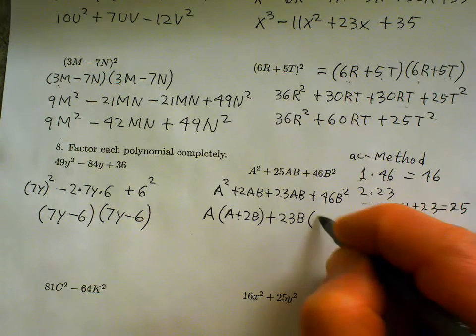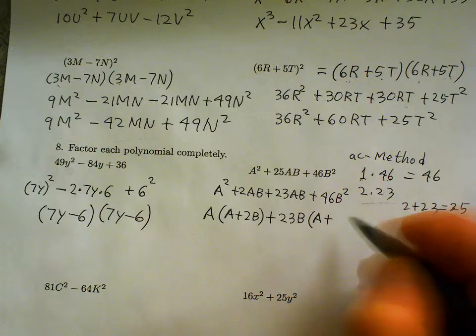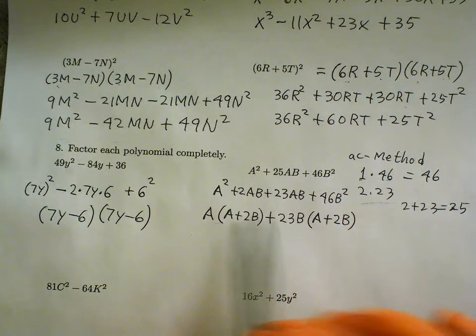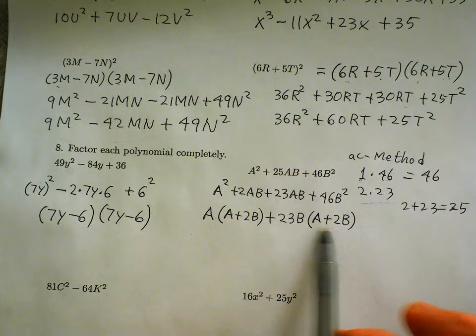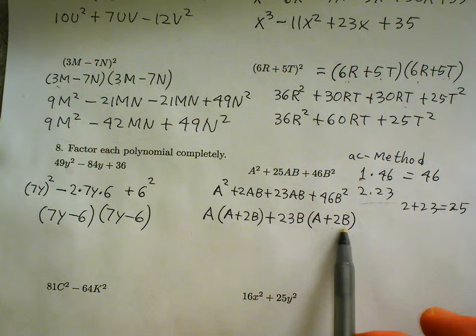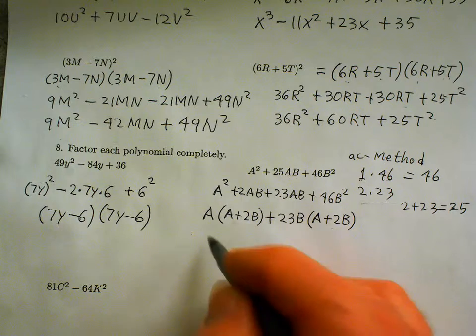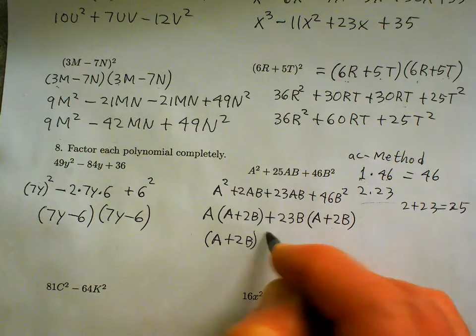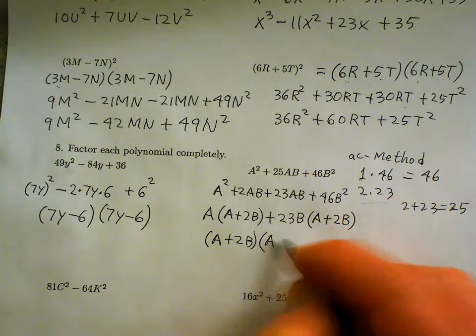And the binomial is a plus 2b. At any stage, you can check by multiplying that you're factoring correctly. Okay, but then the last step, factor out a plus 2b. And the other factor is a plus 23b.